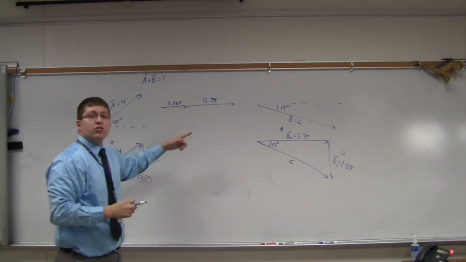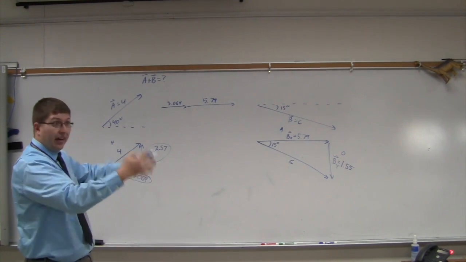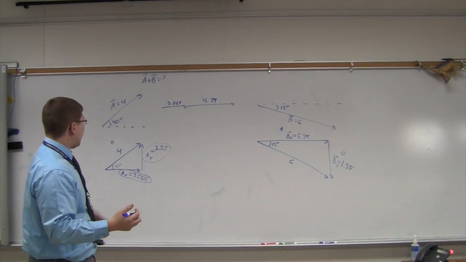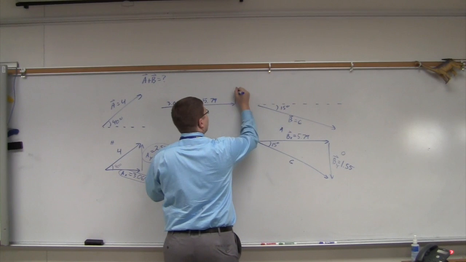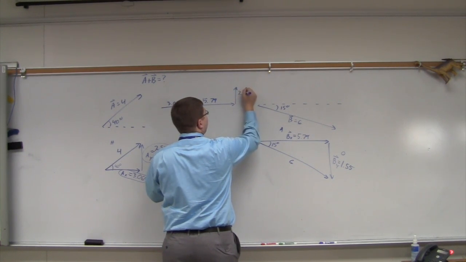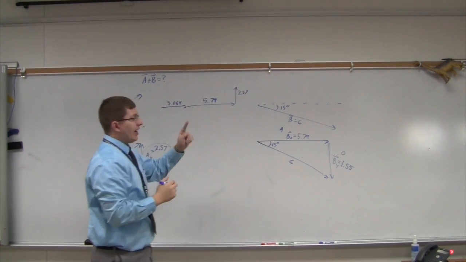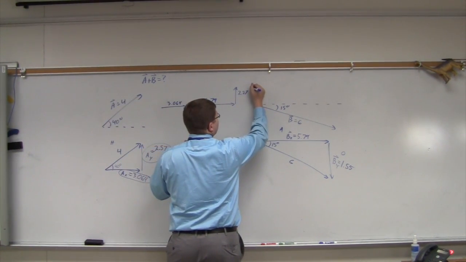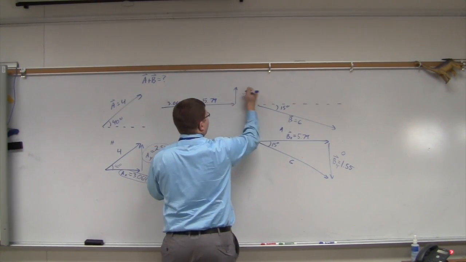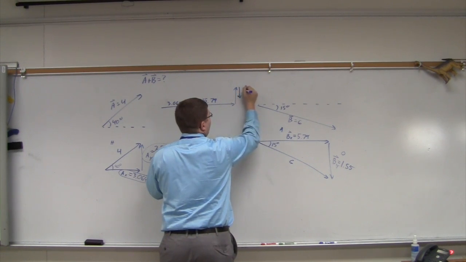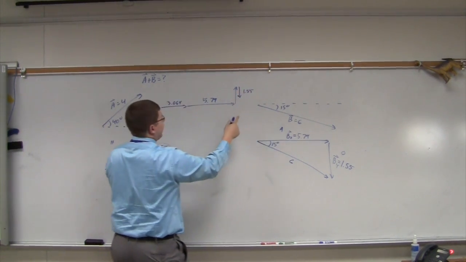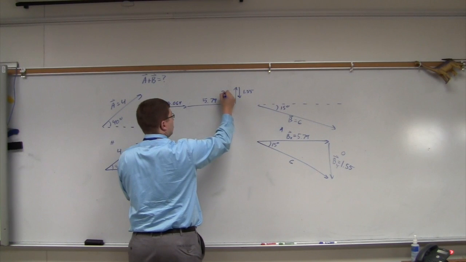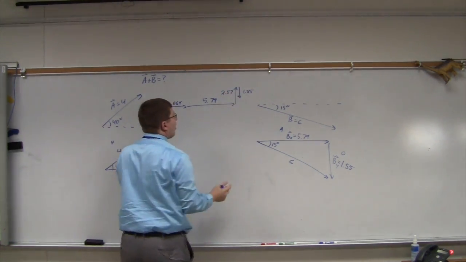And notice I just lined those up head to tail as I'm trying to add up my total. I see an Ay of 2.57. And I see a By of negative 1.55. The negative is important because we know that means it's going to have to go down. I'm going to just rewrite this a little bit. 1.55 going down. Don't forget this one was 2.57.